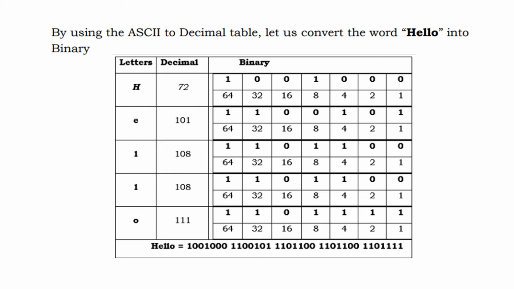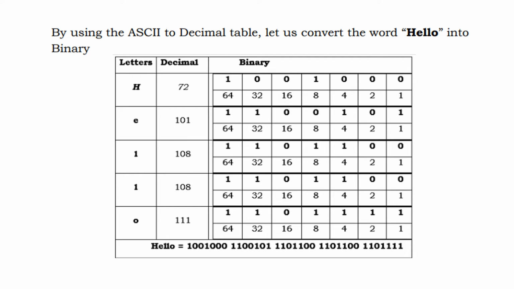And for small letter L, 1101100. And for small letter O, it's 1101111. That is the equivalent value of the word hello in binary code.